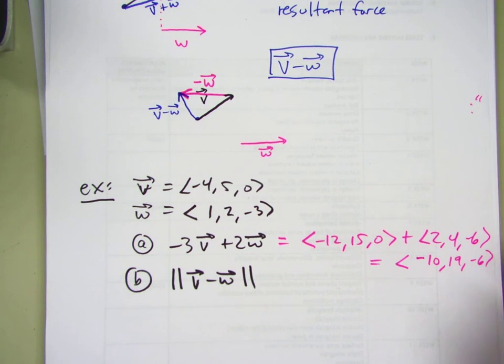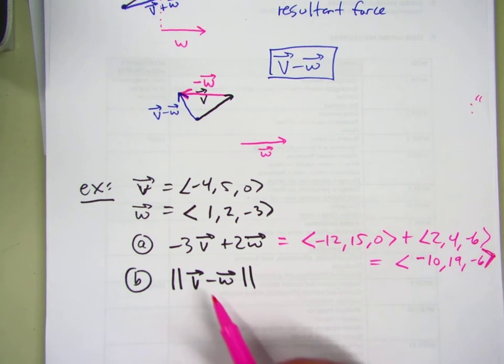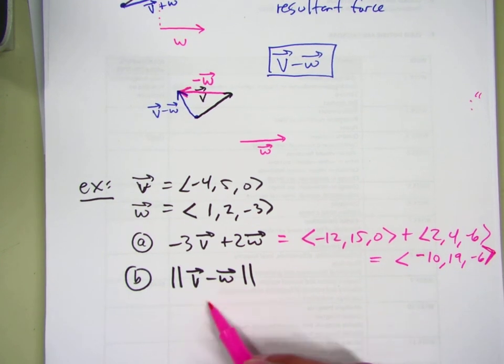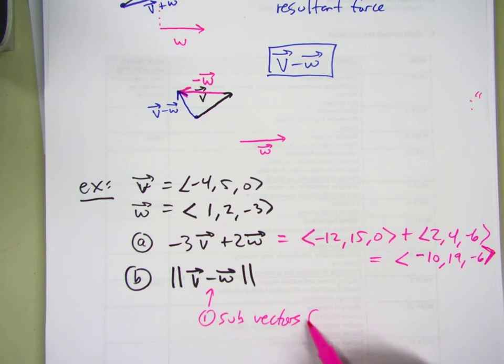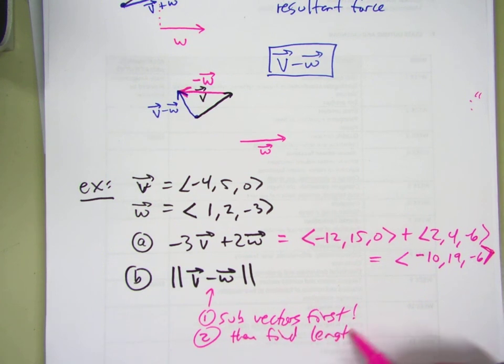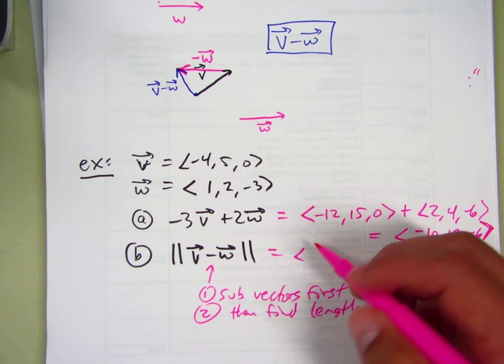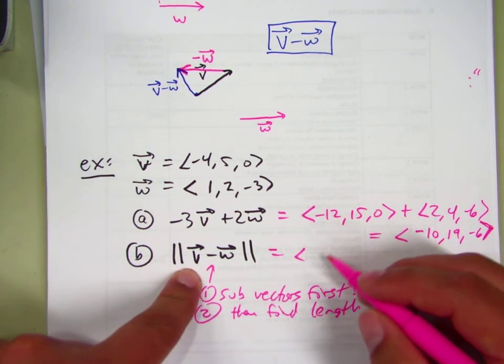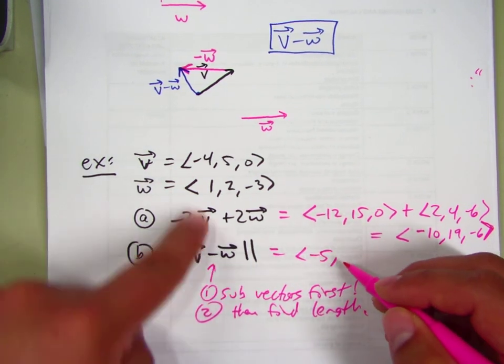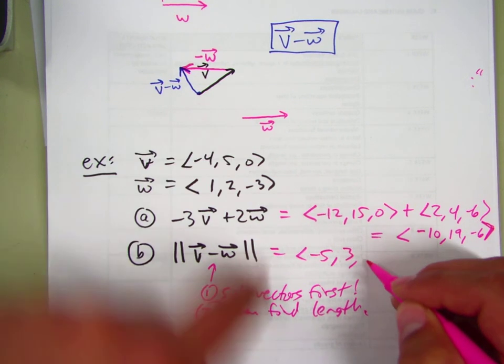We're going to run out of time here, we already have, but here you would first subtract the vectors, then find the length. Okay? So real quick, if I did V minus W, that's negative 5, 3, and then 3 again.